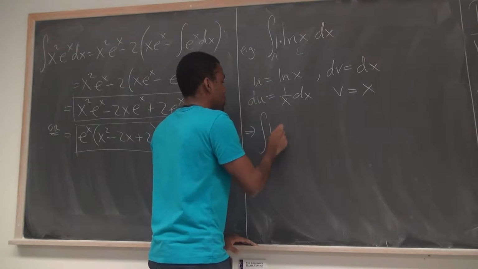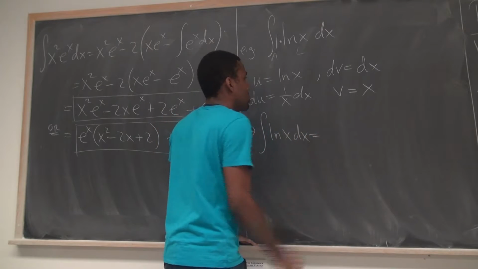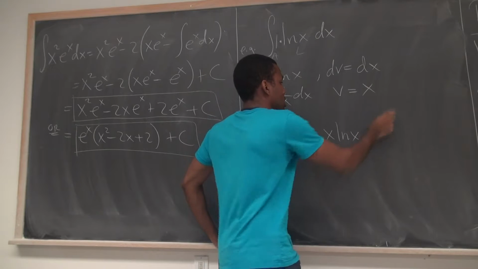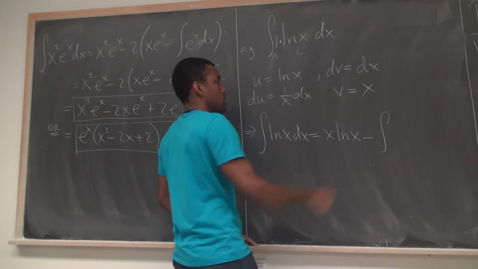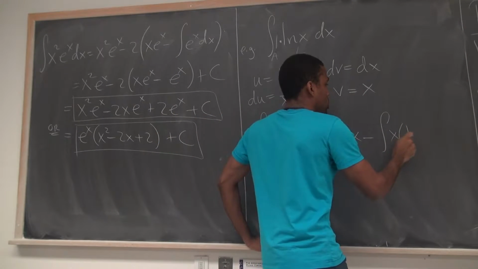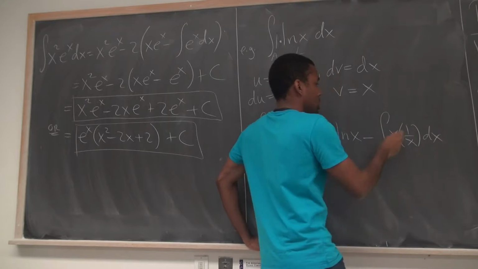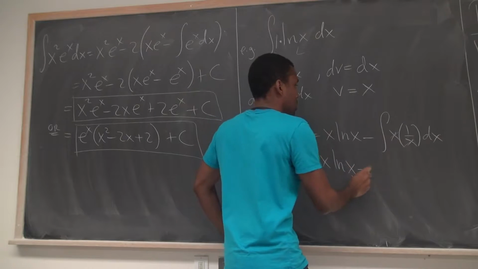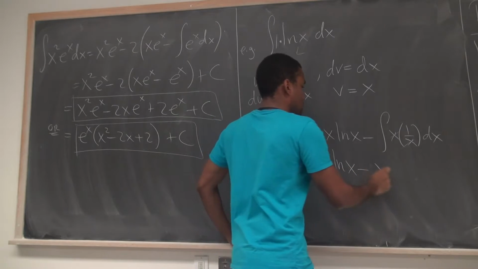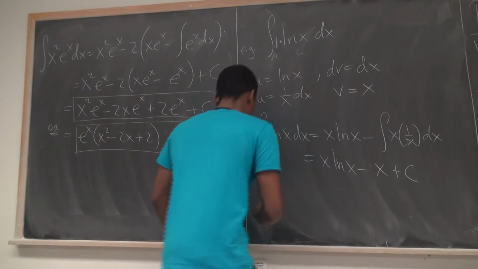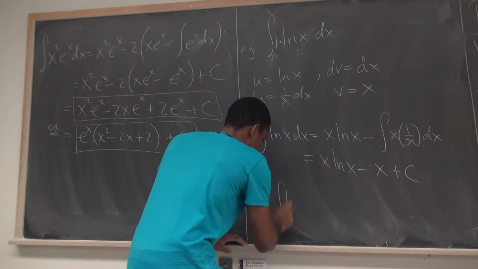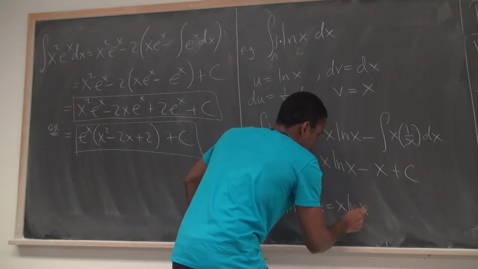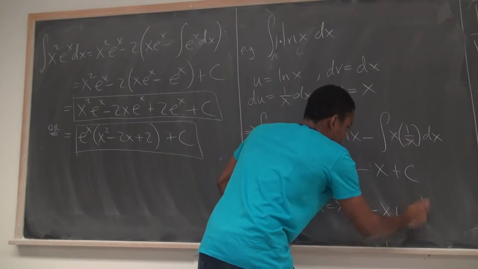Which means that the integral of ln x dx is u times v minus the integral of v du. So you take x times 1 over x dx. The x's will cancel, so you're pretty much integrating 1. Integral of 1 is x plus c. This means the integral of ln x dx is equal to x ln x minus x plus c.